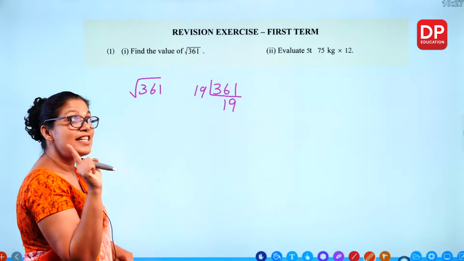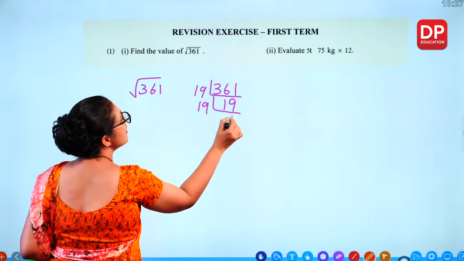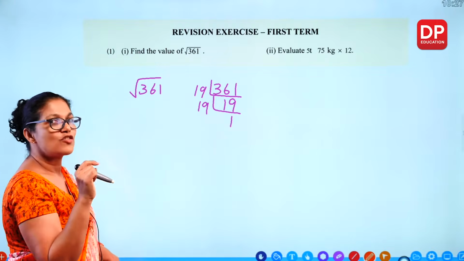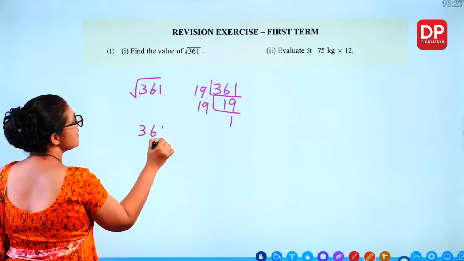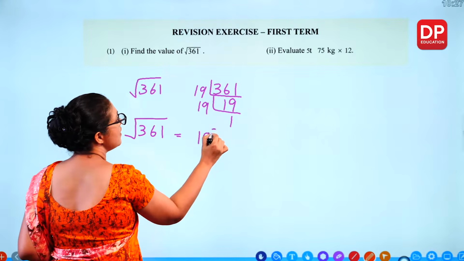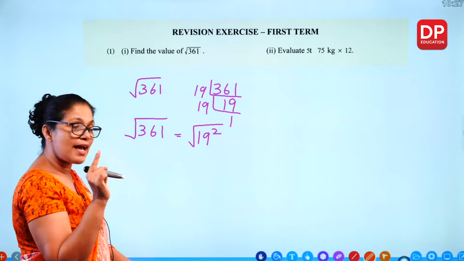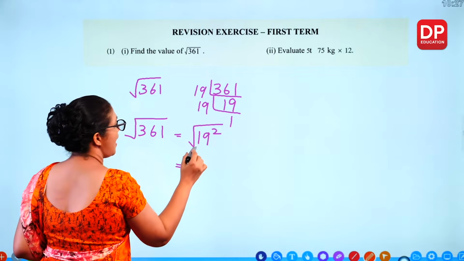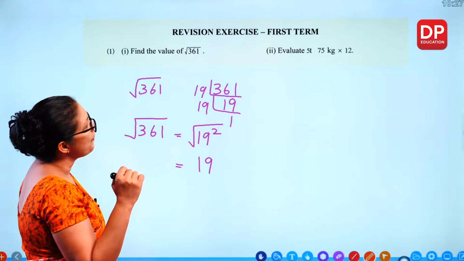So 19 times 19, you get 361. So it's a square number. So we can write 361 as 19 squared. And then when you take the square root, the square term gets cancelled out. And you get 19 as the answer.